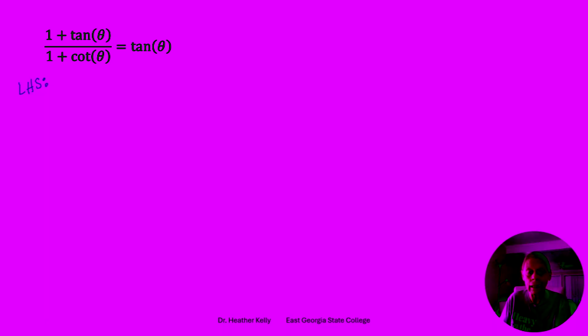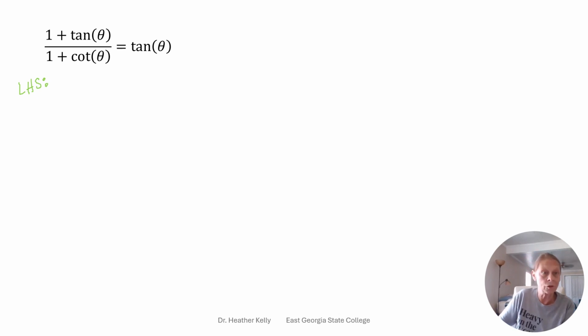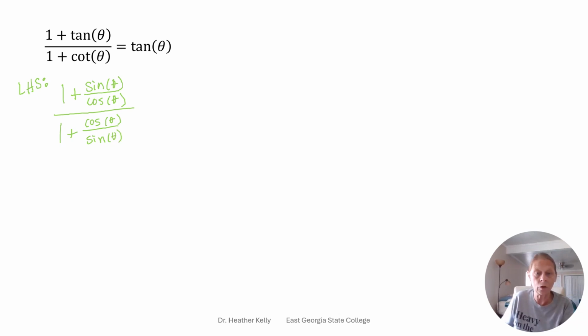So this is 1 plus sine theta over cosine theta, over 1 plus cosine theta over sine theta. All right, so we got to put all those together with LCDs. So this is going to be cosine theta over cosine theta, and this one's going to be sine theta over sine theta. Right, and this is 1 over 1, 1 over 1.